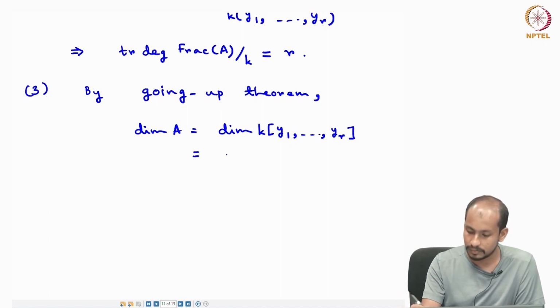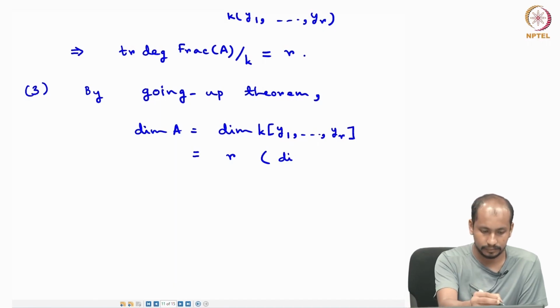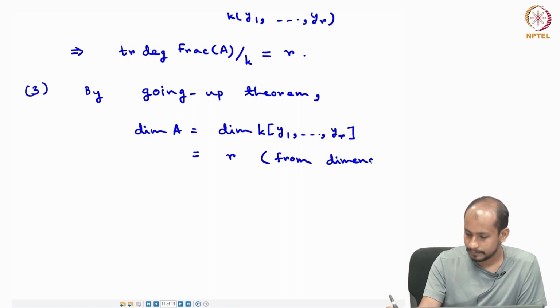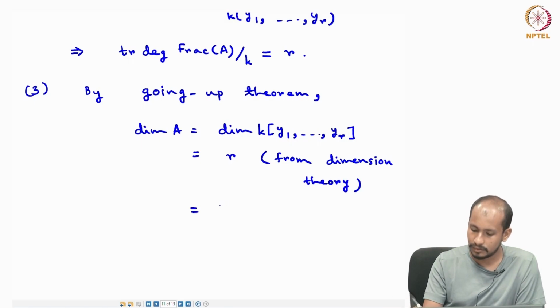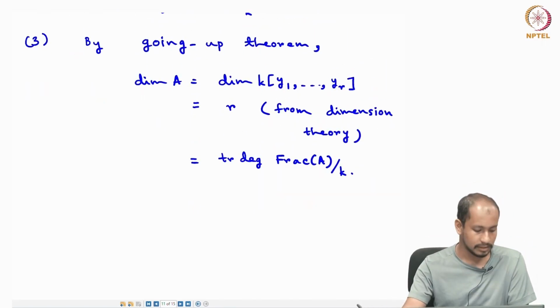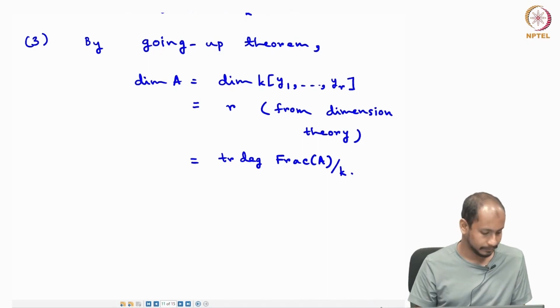So, this is equal to r. This follows from a dimension theory result. Now, this is equal to the transcendence degree of the fraction field of A over K. So, these are some remarks.